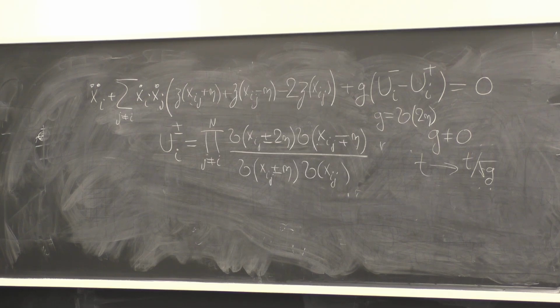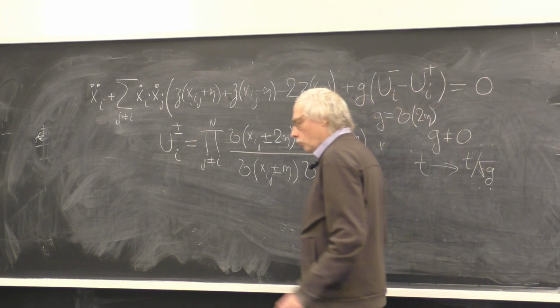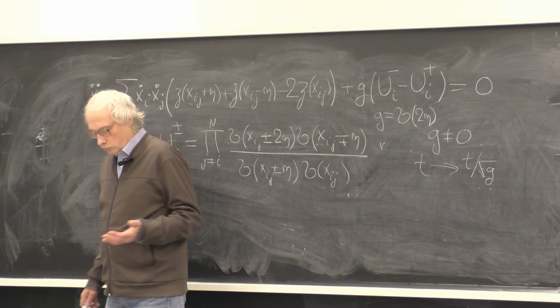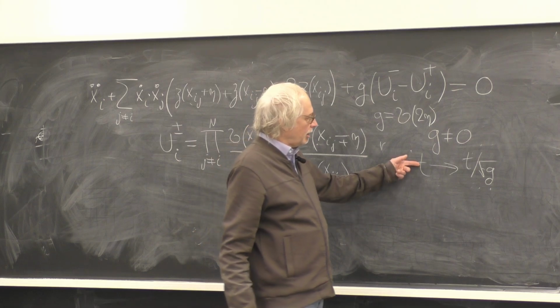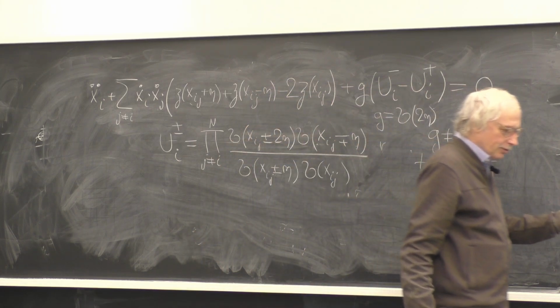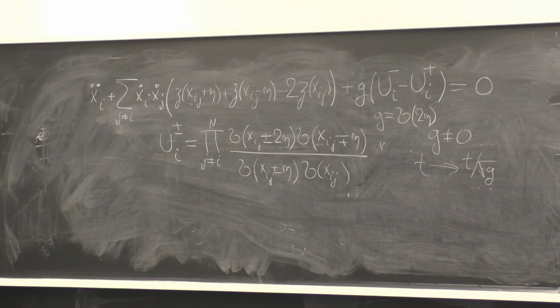Again, there are two possibilities. g may be real or maybe imaginary. Then this just means that the time would be either real or imaginary. Algebraically, this does not matter.